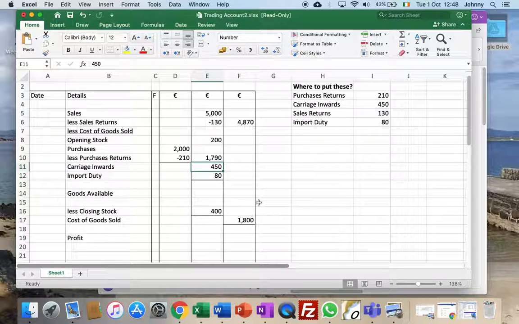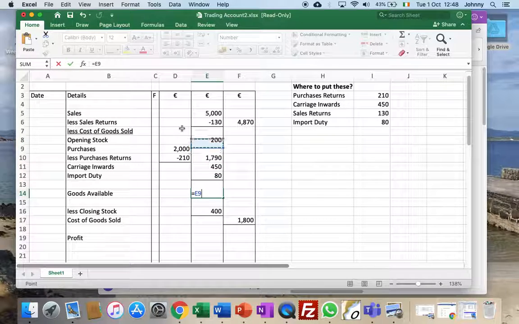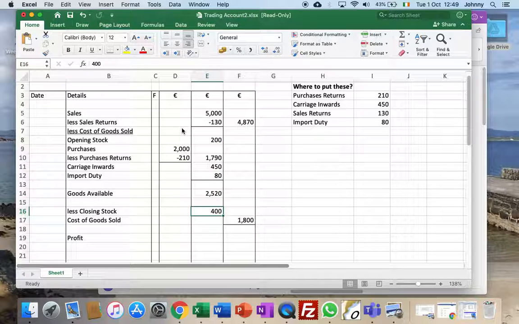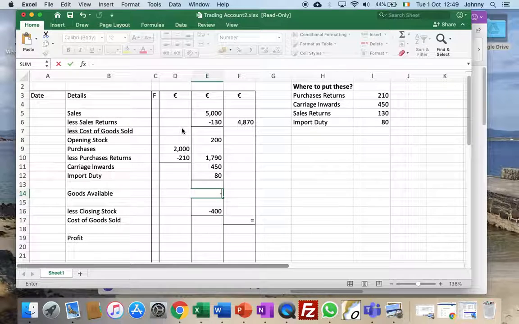So now, just to finish off our maths, our sales here, sales returns, put a line underneath to show we're taking it away. And then we're going to add our goods available, so that'll be adding the 200 that we had for opening stock, plus the real figure for purchases we've adjusted now, plus our carriage inwards, and plus our customs duty.